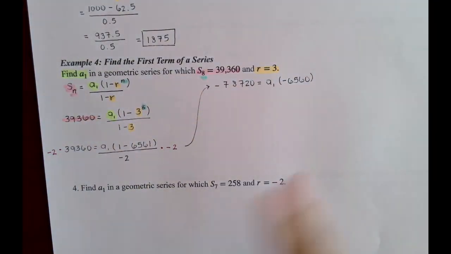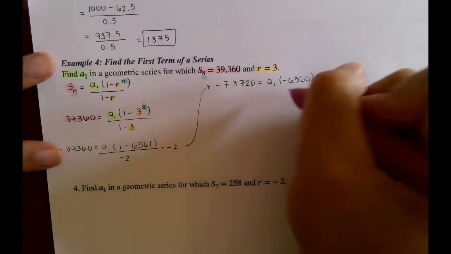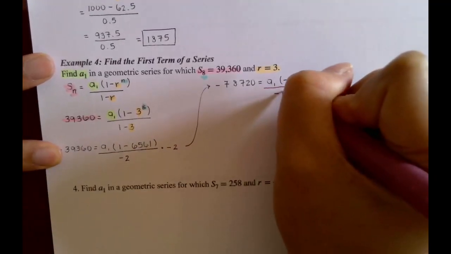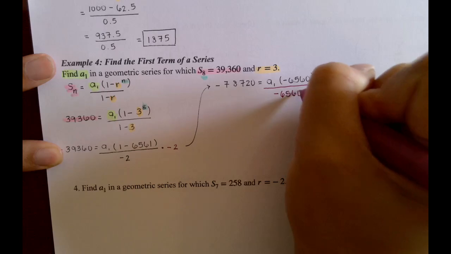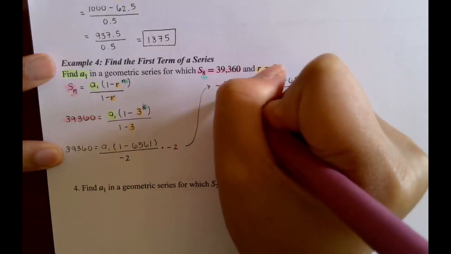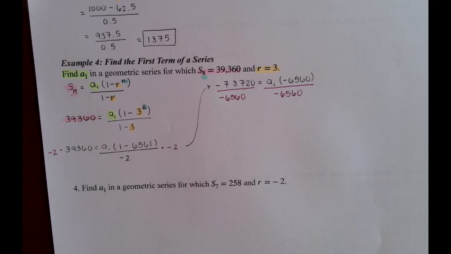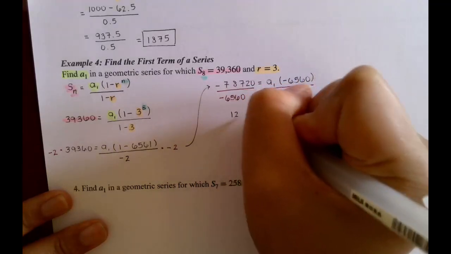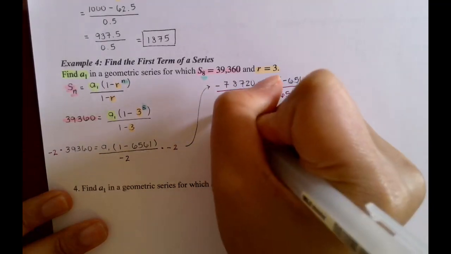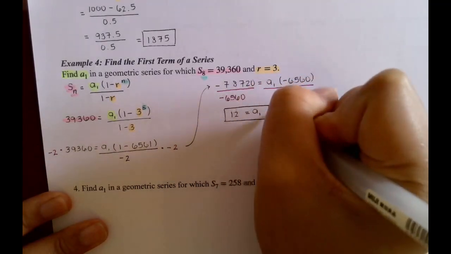Since these are being multiplied together, I'm going to do the opposite, which is to divide. And that gives me 12. So my first term in this geometric series is 12.